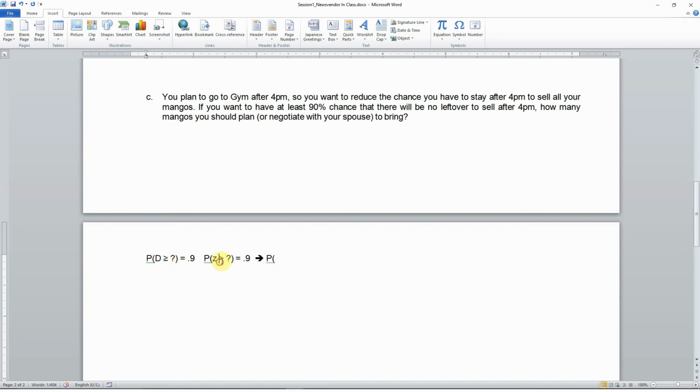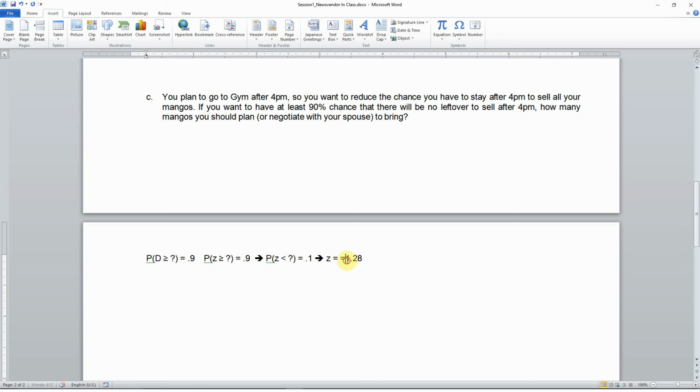I hope you caught that. This should be the same thing as the probability that Z is less than something equal to 0.1. In other words, if we want something greater than that to be 0.9, then something less than it is 10%. Figuring that out in the standard table gives a Z equals minus 0.128.